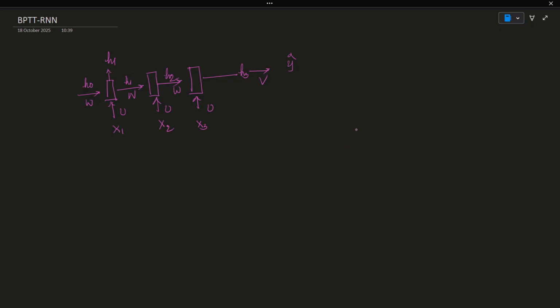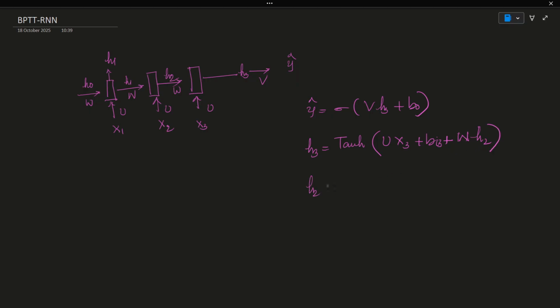So the equations that we can write here: y cap is equal to sigmoid of V into h3 plus the output bias V naught. And what is h3? h3 is the activation function tanh of U into x3 plus the bias plus the hidden weight matrix W into h2.